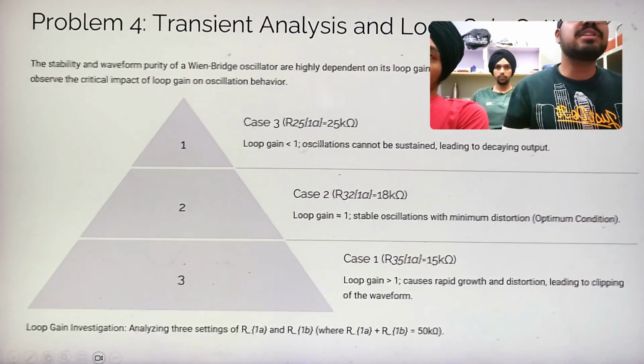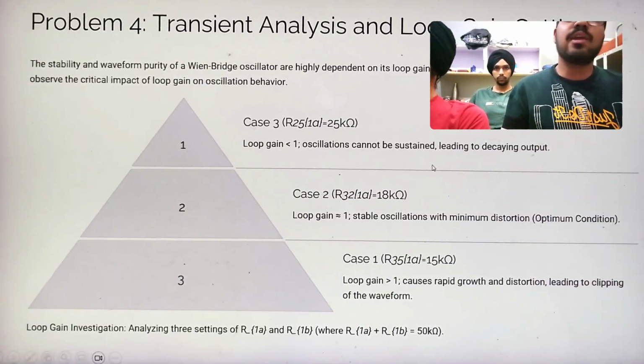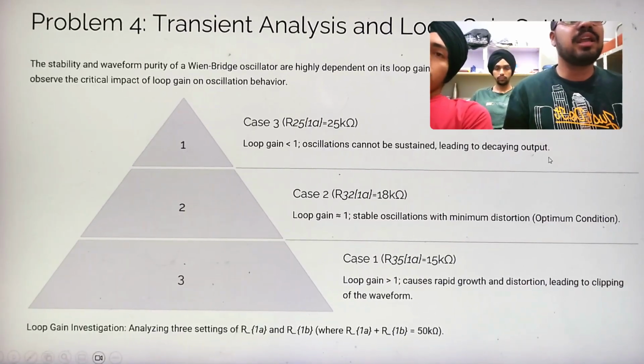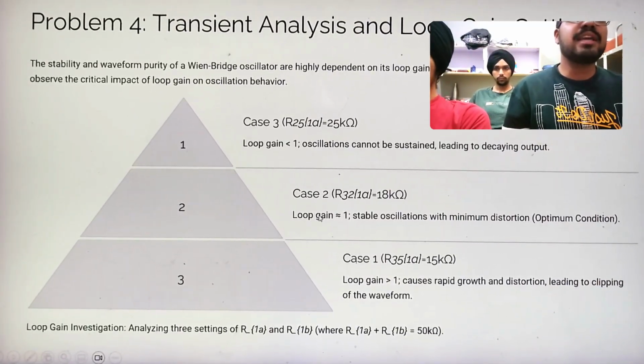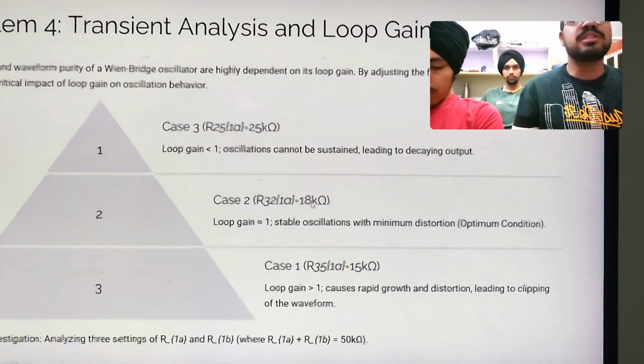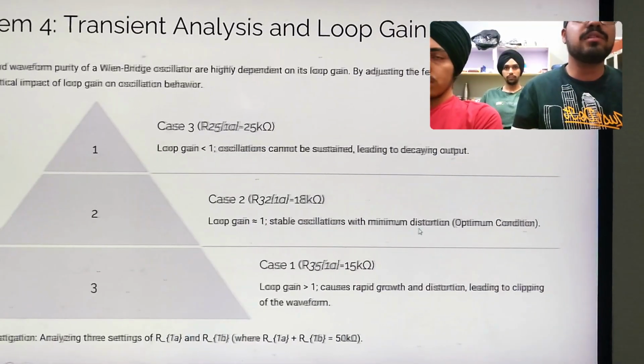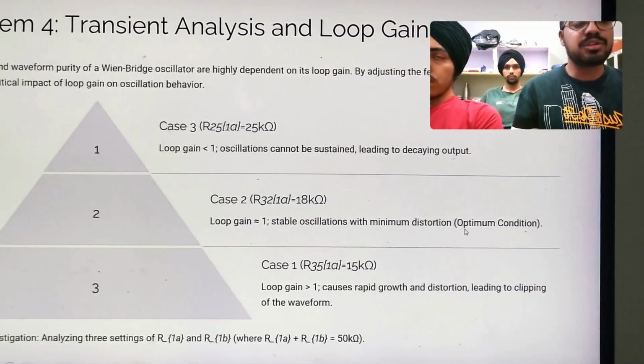When R1 is 25 and 25, the loop gain will be greater than 1, so the oscillations cannot be sustained, leading to a decaying output. In the second case, when R1 is 32 and R2 is 18, the loop gain will be equal to 1 and we get stable oscillations with minimum distortion.